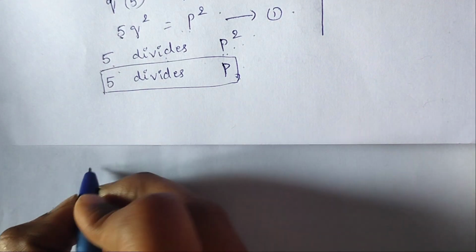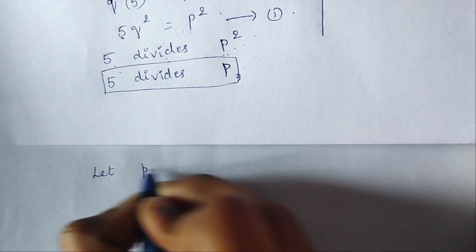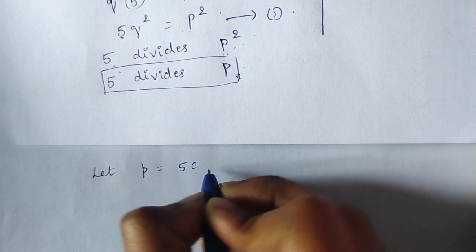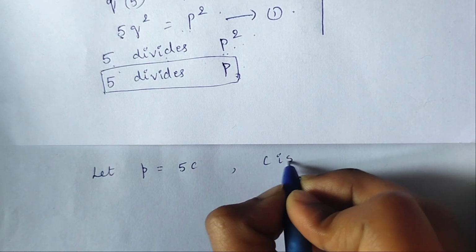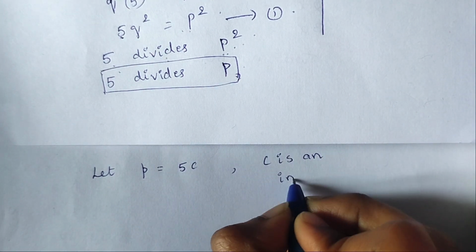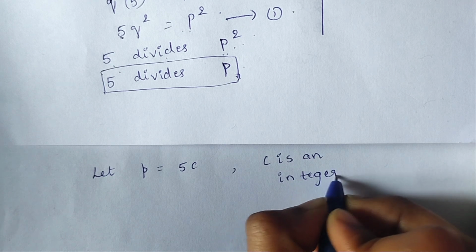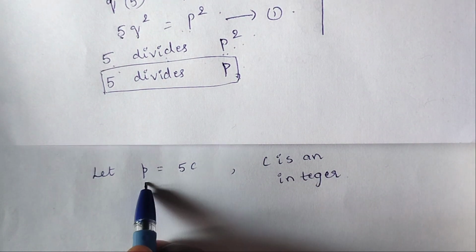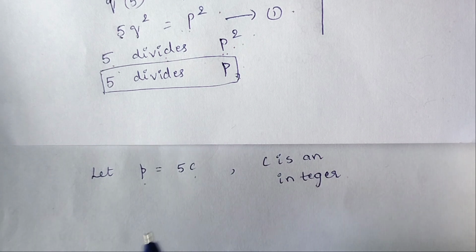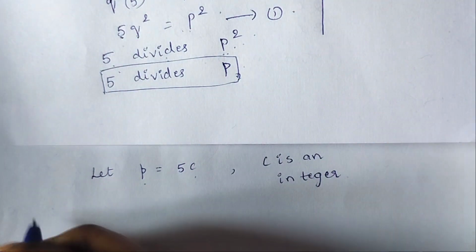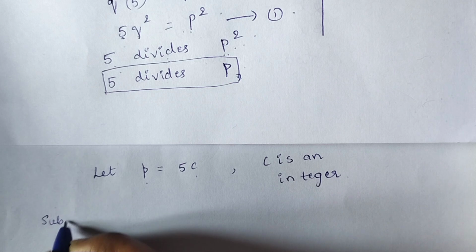So from this we can write, let p is equal to 5c, where c is an integer. Now we'll substitute the value of p is equal to 5c in equation 1.